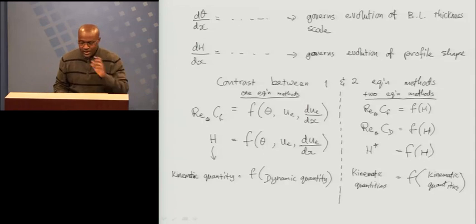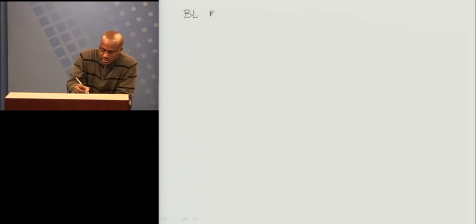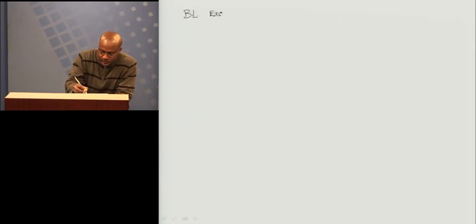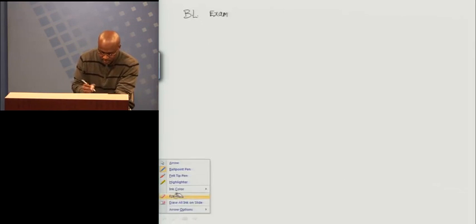Okay, so let's see if we could say a little more about the behavior of the boundary layer, looking at some of these two equation methods, to get a little more information as to how these boundary layers behave. So we'll talk about boundary layer behavior, and we're going to use the example of flow over a flat plate.